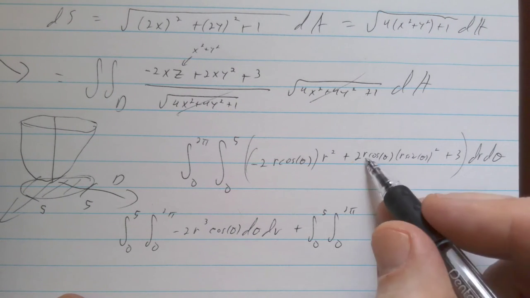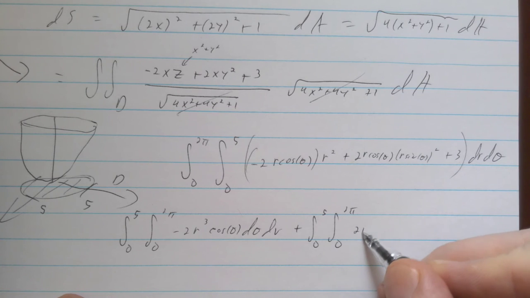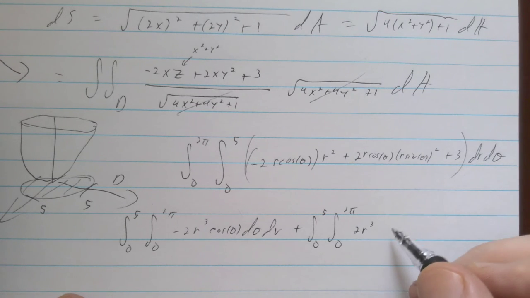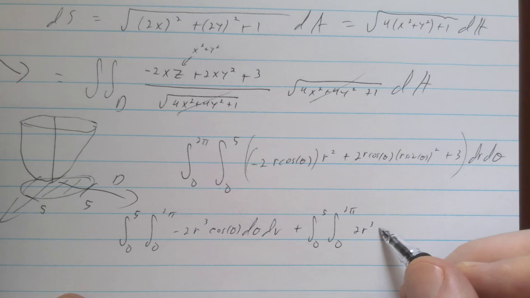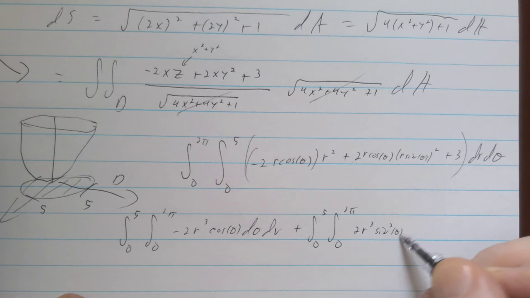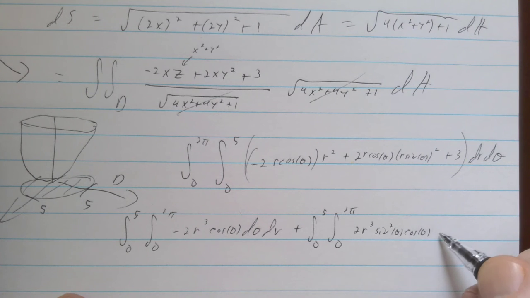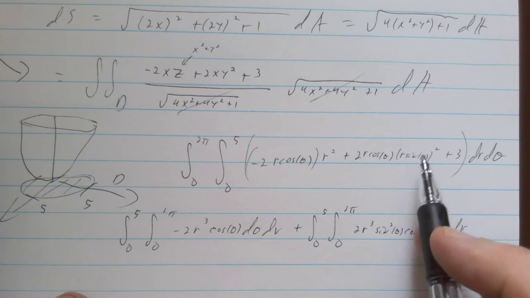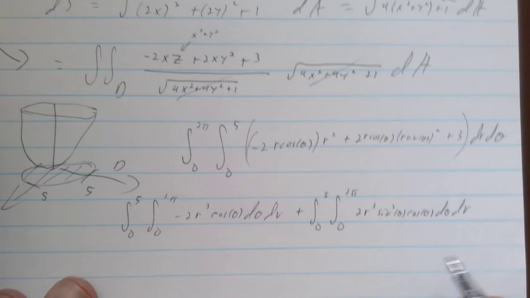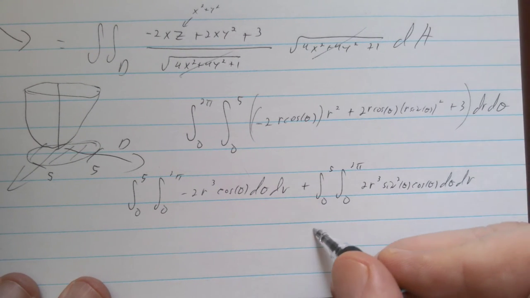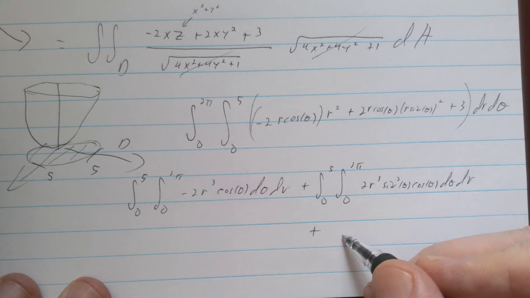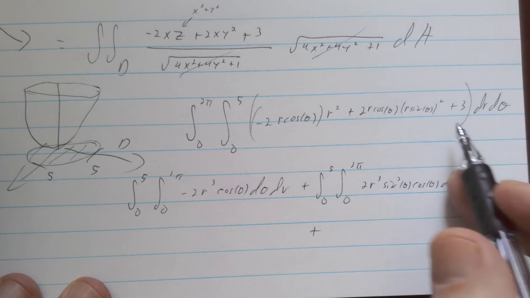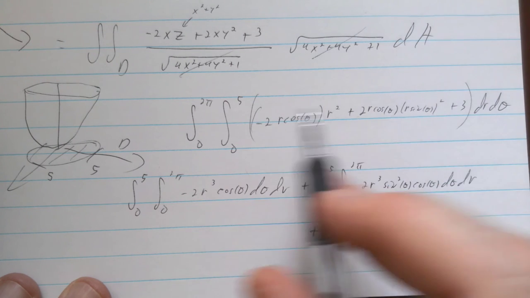This will be r cubed times 2 sine squared cosine d theta dr. And then the third one is just 3. That one will be the easy one. Actually, in a way they're all easy, but I might as well do that now. It'll just be 3 times 5 times 2 pi.